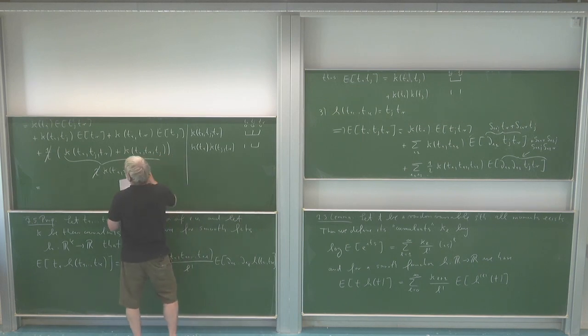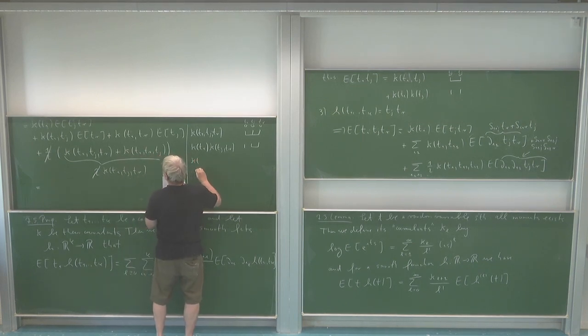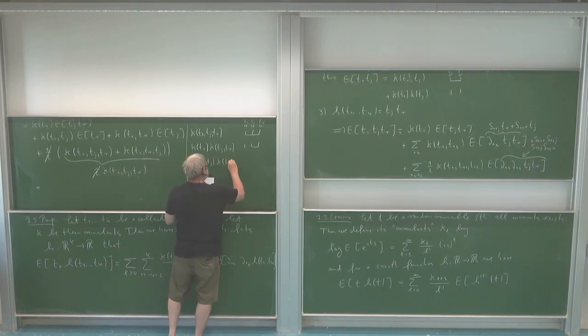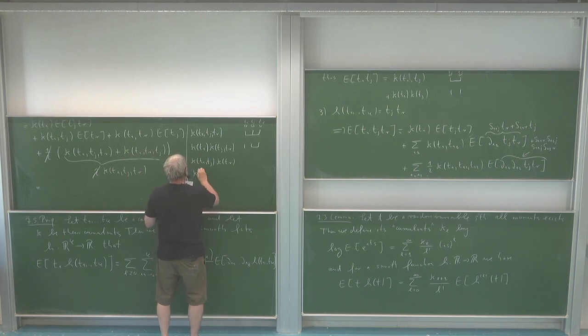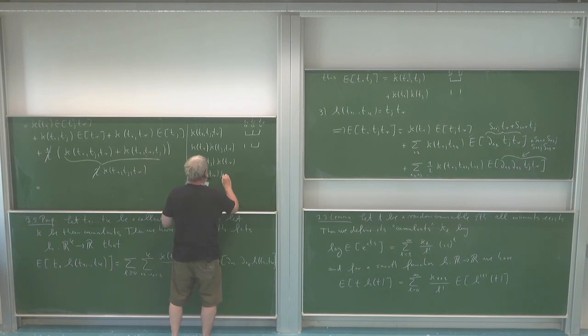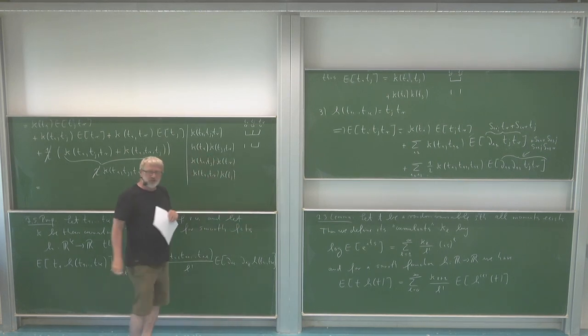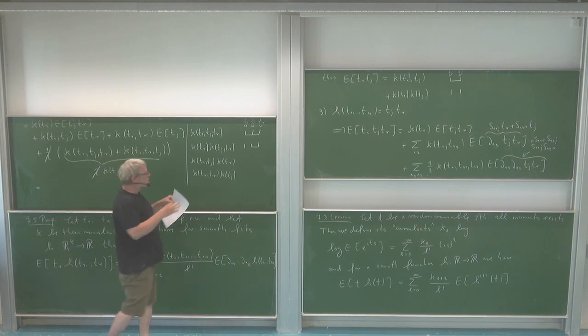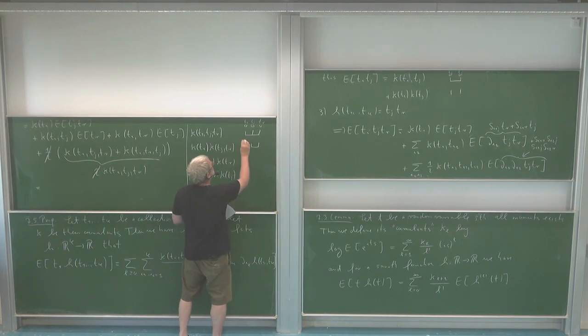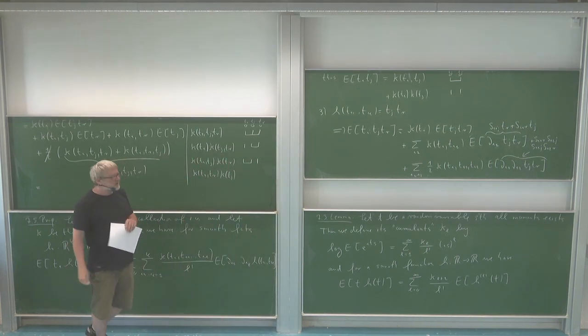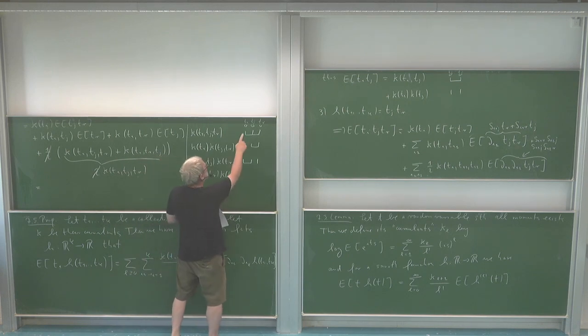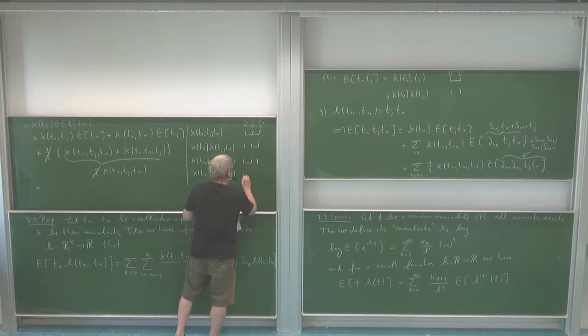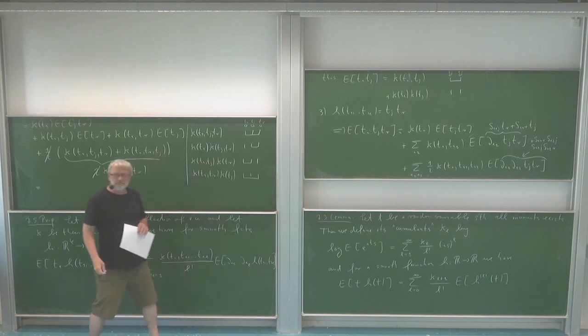So I have the kappa of ti, tj times the kappa of tr, and this here is the kappa of ti, tr and the kappa of tj. Again you see this corresponds to distributing my 3 variables into groups. Here I take the i and the j together, but leave the other one alone, going in its own cumulant, and here the i and r, the first and the third, go together, and the second one is alone.